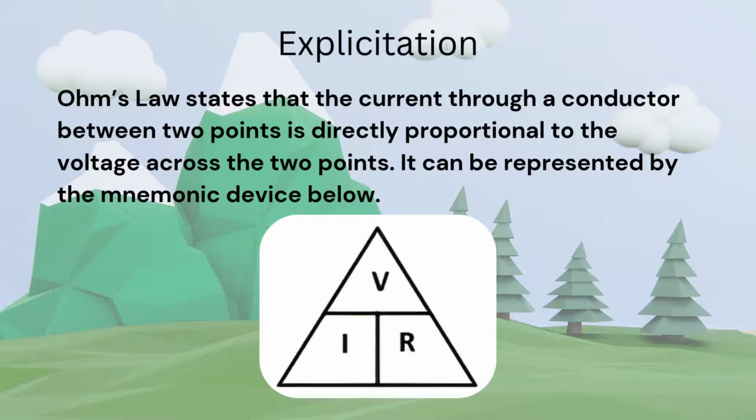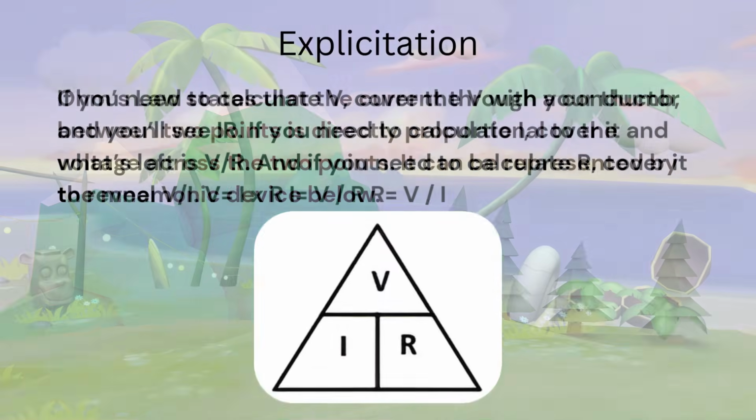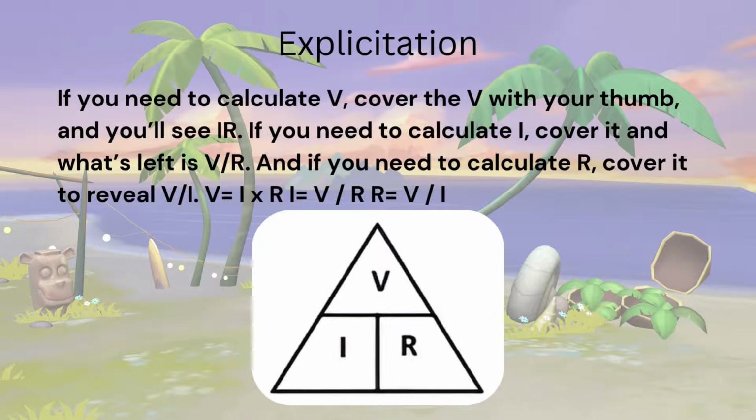It can be represented by the mnemonic device below. If you need to calculate V, cover the V with your thumb, and you'll see I times R. If you need to calculate I, cover it, and what's left is V divided by R. And if you need to calculate R, cover it to reveal V divided by I.